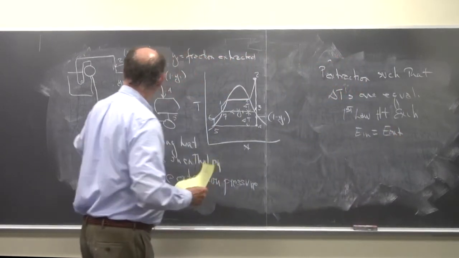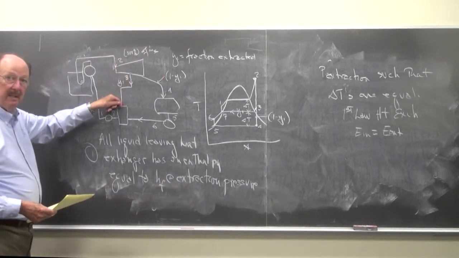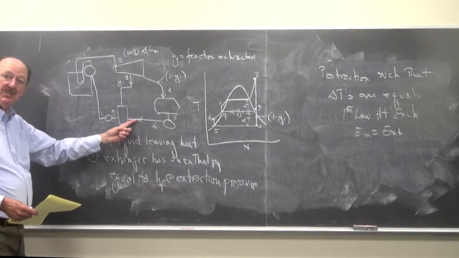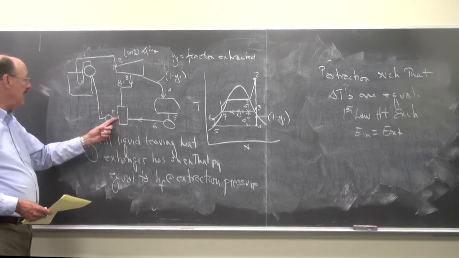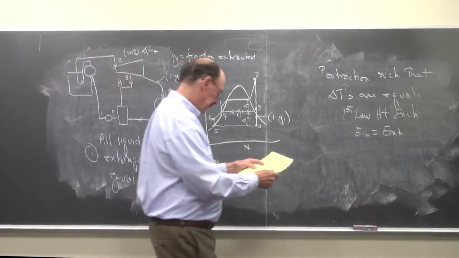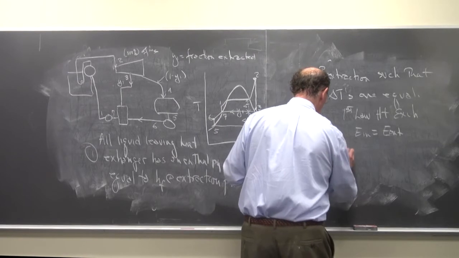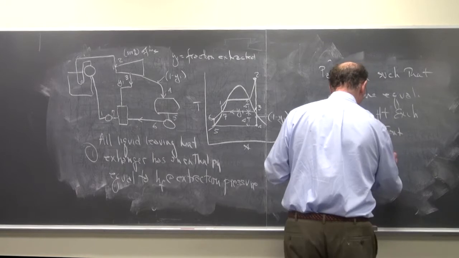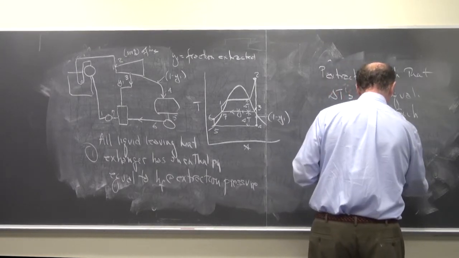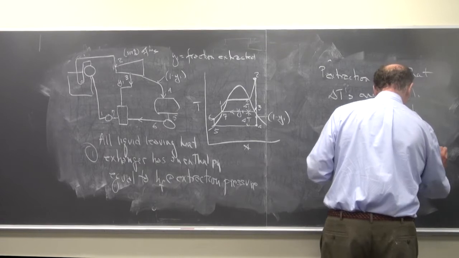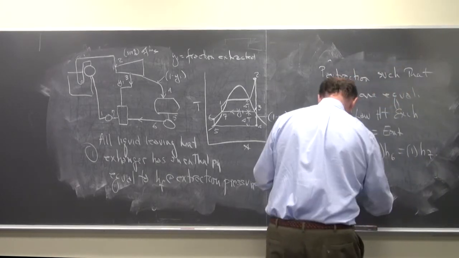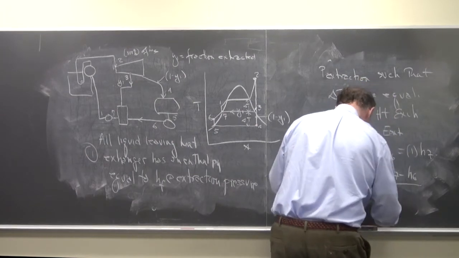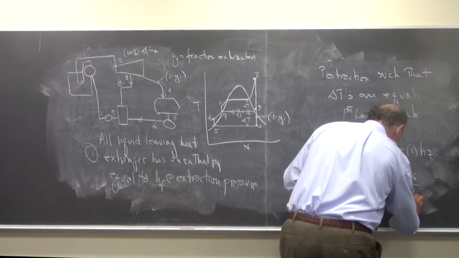So I have Y1 H3 coming in, and I have 1 minus Y1 at H6 coming in, and I have everything leaving at state 7. So I can solve for y1. y1 is equal to h7 minus h6 over h3 minus h6.